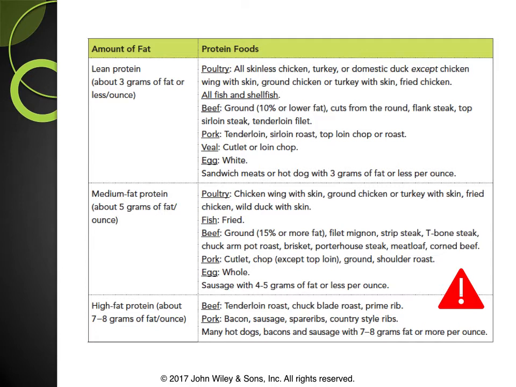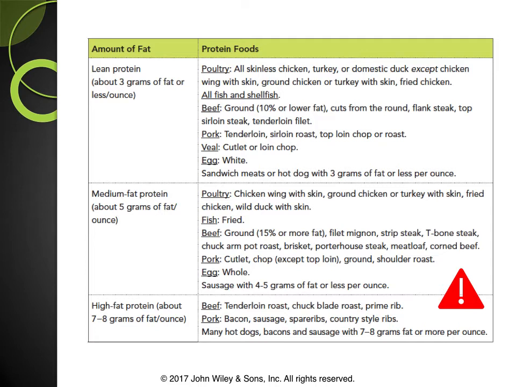So some things to look out for when you maybe want to make some food swaps. So maybe you really like beef, but you're thinking, well, how do I make that happen? Well, if you can get ground beef 10% or lower fat, then that's an example of lean protein. So you can still have your burgers, you can still have your meatballs, you can still have your ground beef or ground steak, I should say, for tacos or other meals.